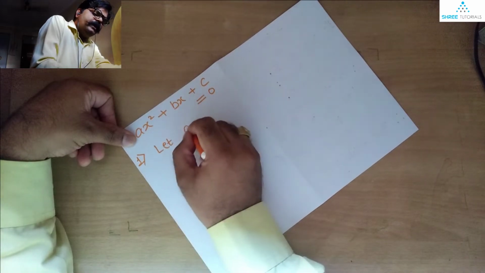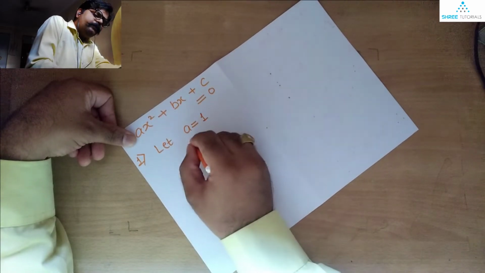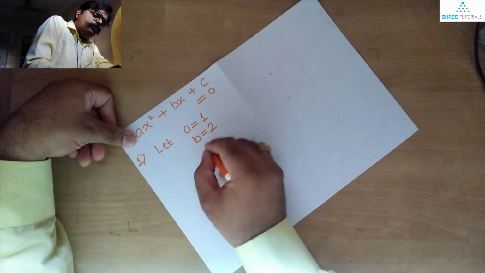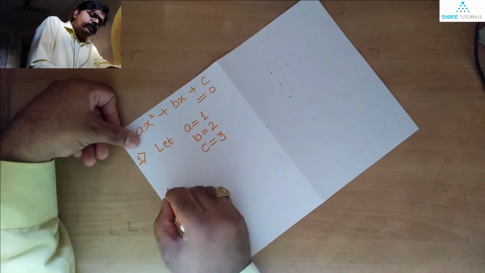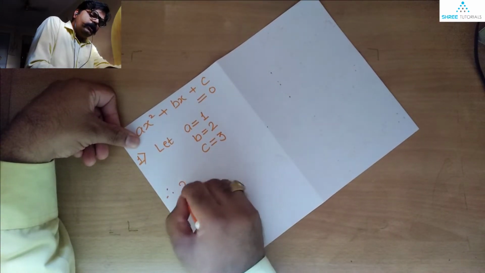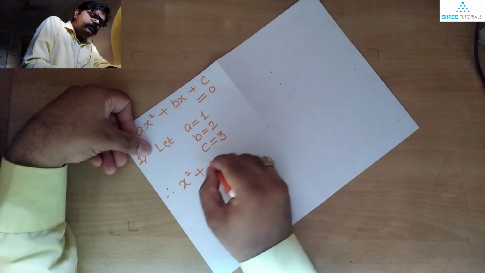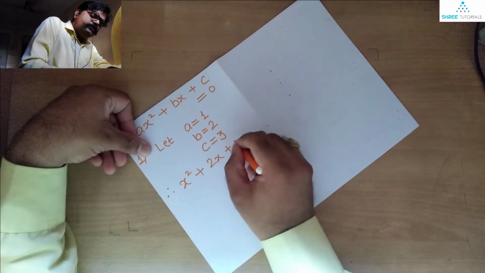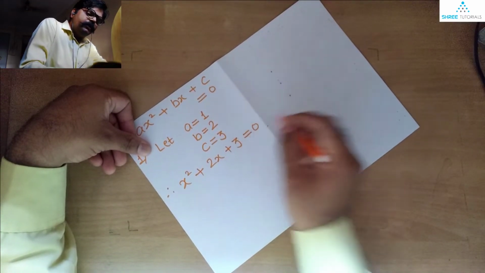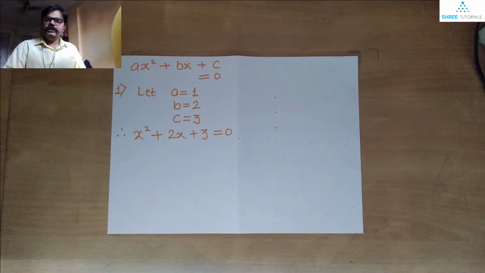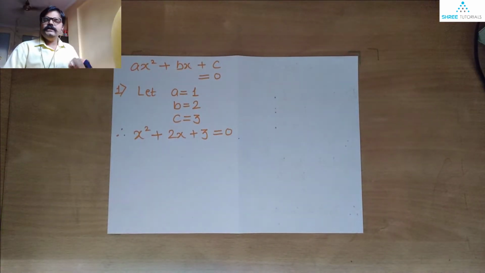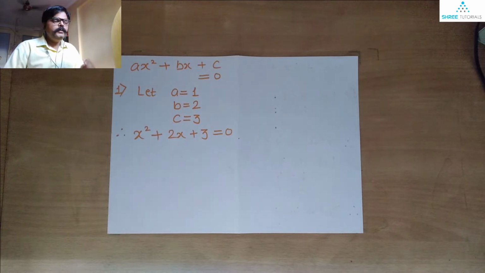Let a is equal to 1, b is equal to 2, whereas c is equal to 3. Therefore, our quadratic equation will look like x square plus 2x plus 3 is equal to 0. Nothing in this equation has been changed apart from the values of a, b and c.